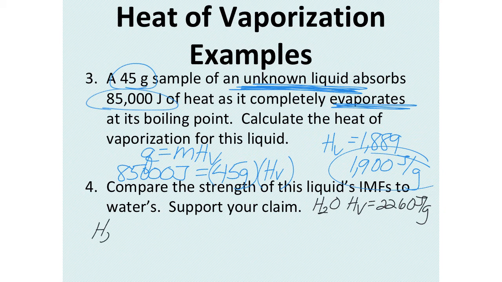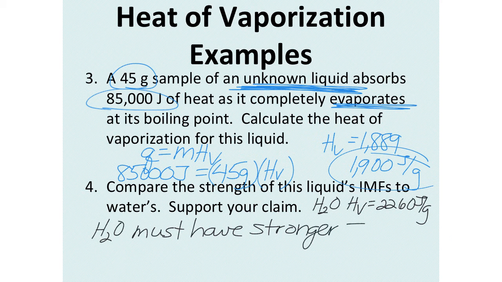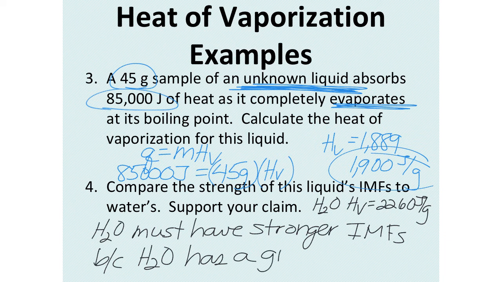So water must have stronger IMFs because it has a higher heat of vaporization. The larger the heat of vaporization, the more energy it requires to vaporize that sample, and therefore the more strongly attracted the particles are to each other.